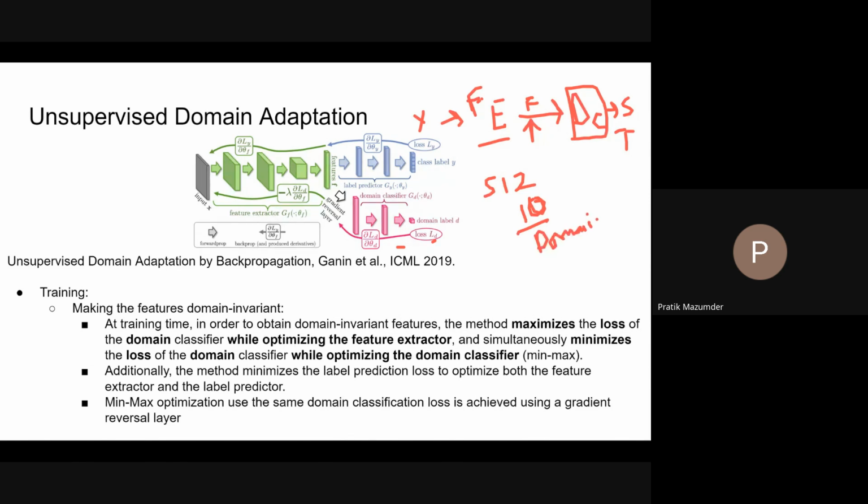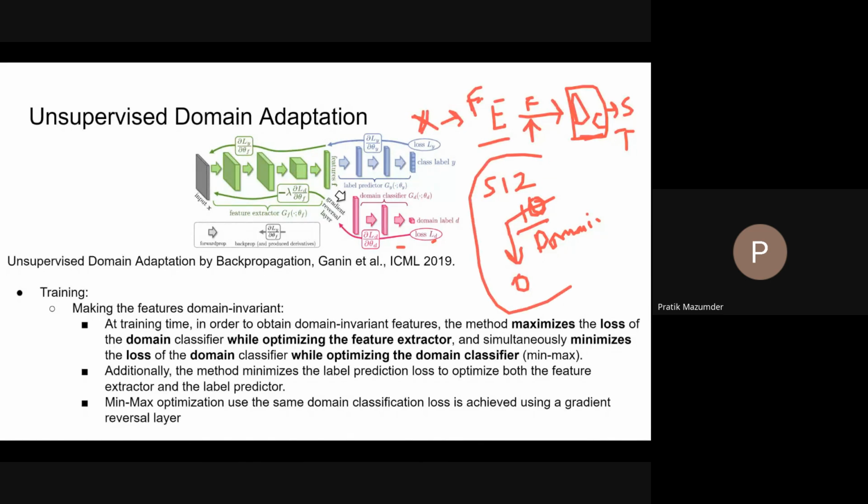I don't know where the domain information is stored, but if the last 10 values correspond to the domain, I'll try to zero them out for all the images. If I can do that, your domain classifier has no way of knowing which domain a particular input image belongs to.